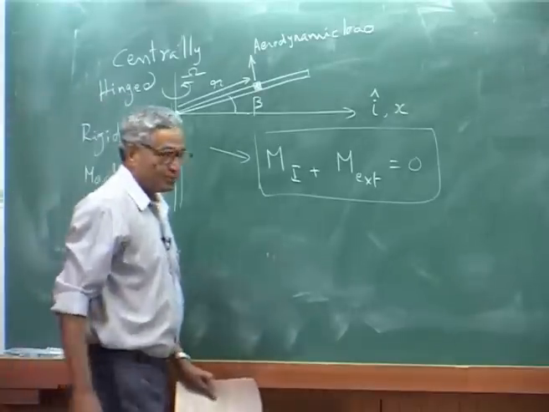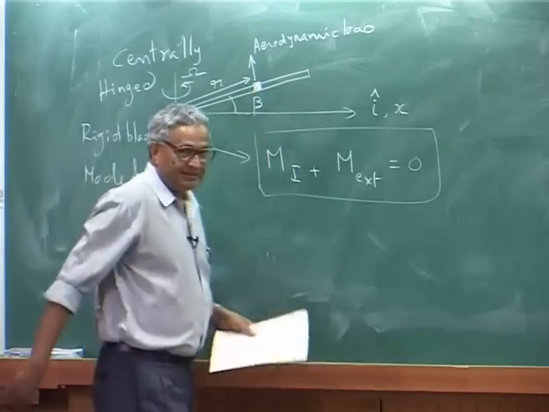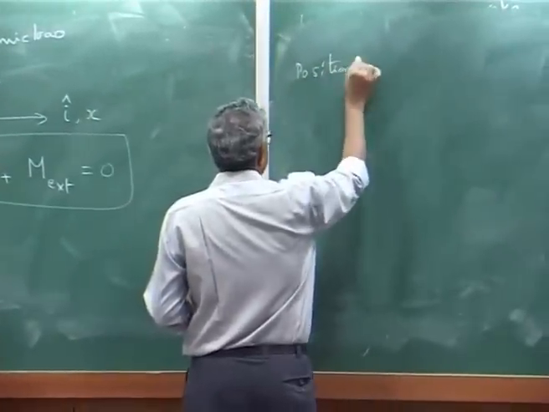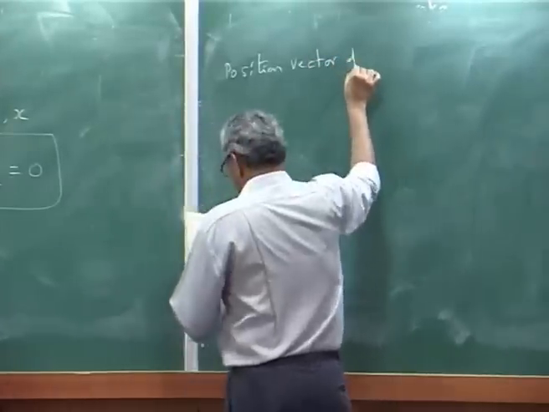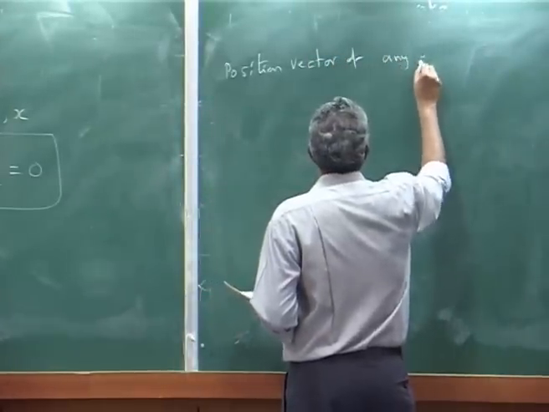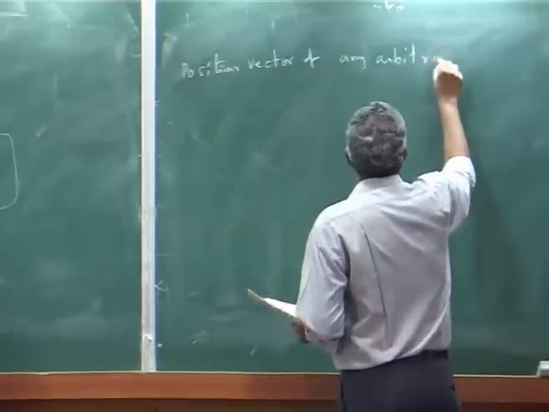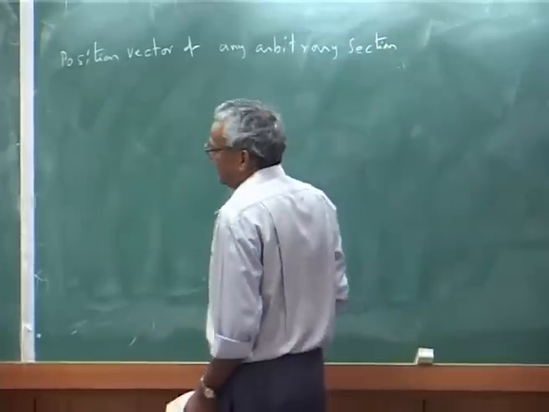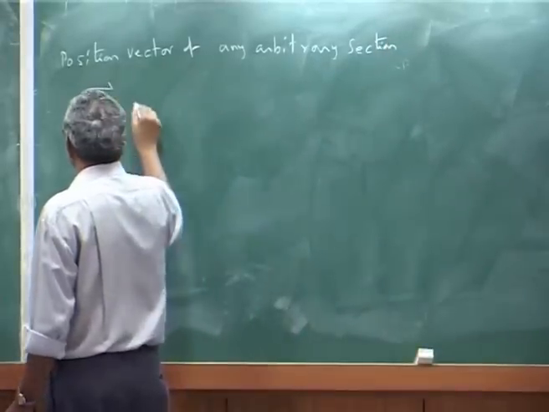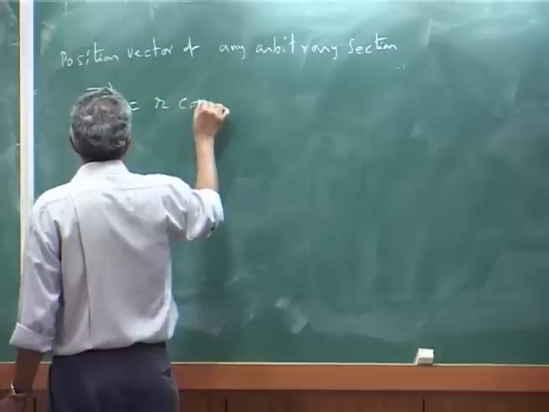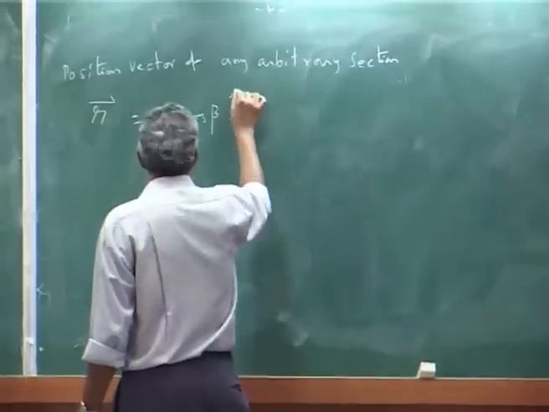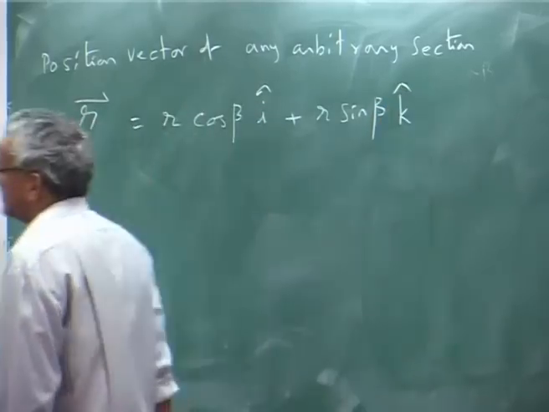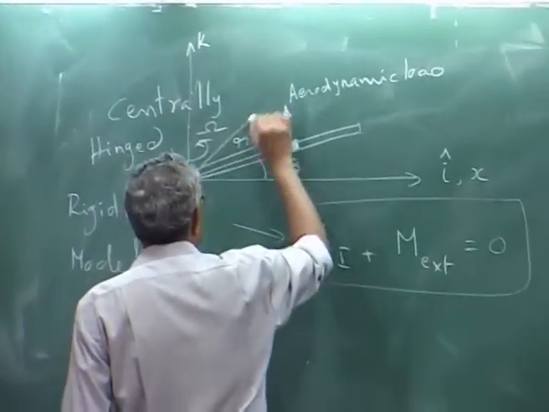So the position vector Rp of any arbitrary section. This is my K and this is my J axis.